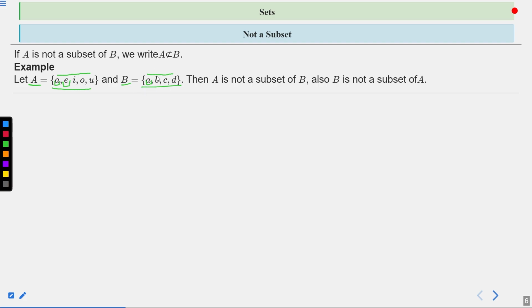Let's cross check. b belongs to B while b doesn't belong to set A. So B is also not a subset of A. So A is not a subset of B, also B is not a subset of A. I hope the definition as well as this example is clear.